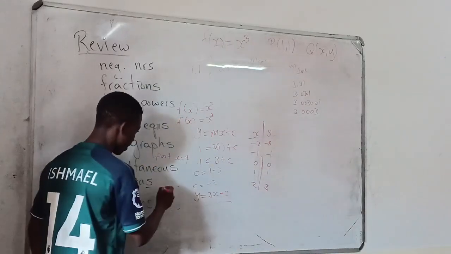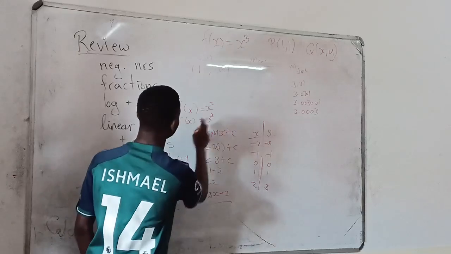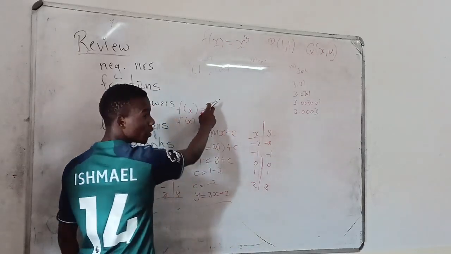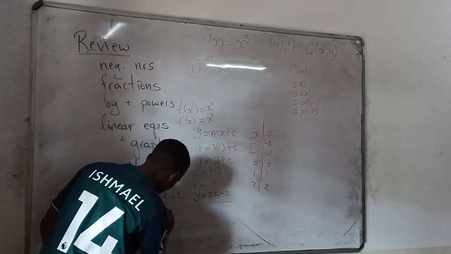Now, for another one, x and y, let's take this one. Negative 2, negative 1, 0, 1, 2.